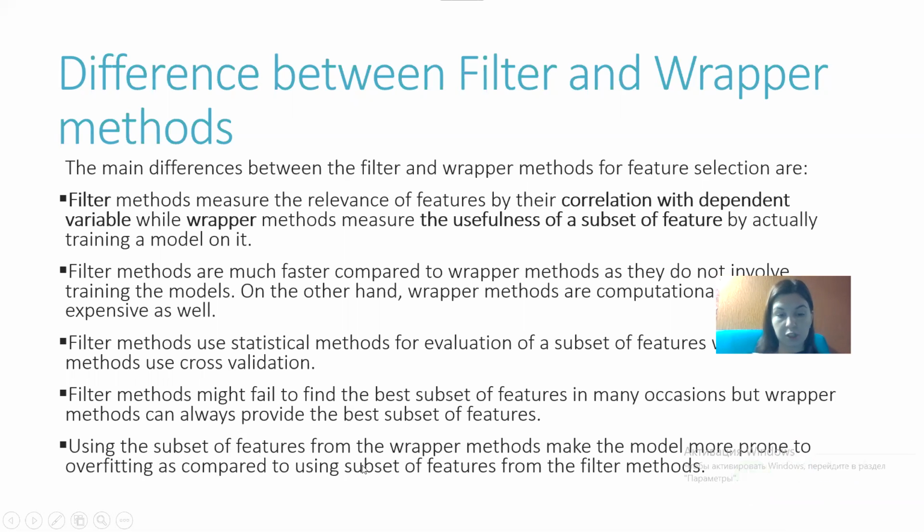Using the subset of features from the wrapper methods makes the model more prone to overfitting as compared to using a subset of features from the filter method. So you may select the best subset, but it provides overfitting.